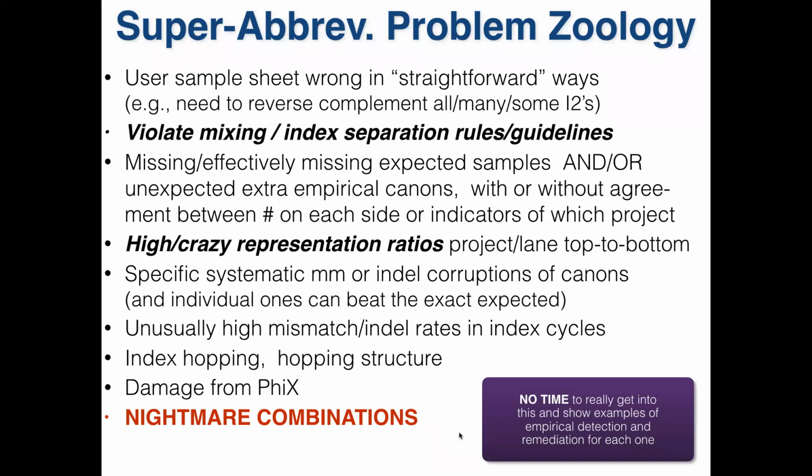Normally, one of these things you can kind of survive, but if you've got one of the other problems and this thing together, then it's great. So yeah, then another class is cases where there's systematic base call corruption of a guy.